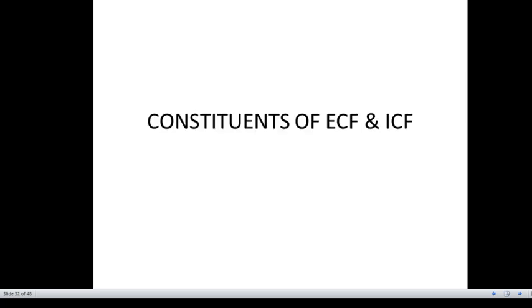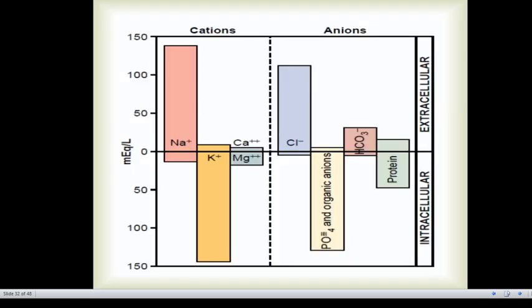Constituents of extracellular fluid and intracellular fluid. This figure shows the major cations and anions of the intracellular and extracellular fluids. The concentrations shown represent the total of free and complex ions.